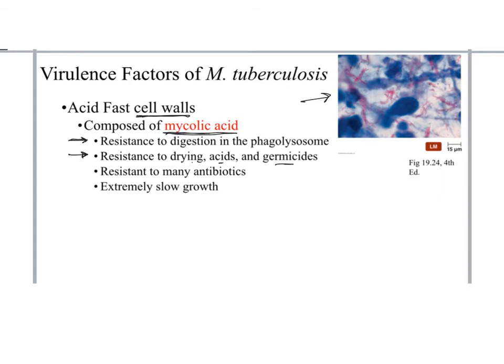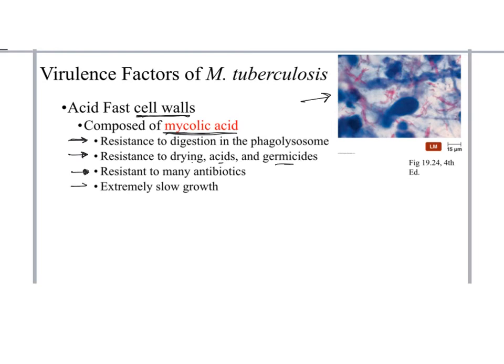And because it's very difficult to penetrate that acid-fast cell wall, lots of our antibiotics are just too big or whatever. They just can't penetrate in. So we have a really small arsenal of antibiotics at our disposal.